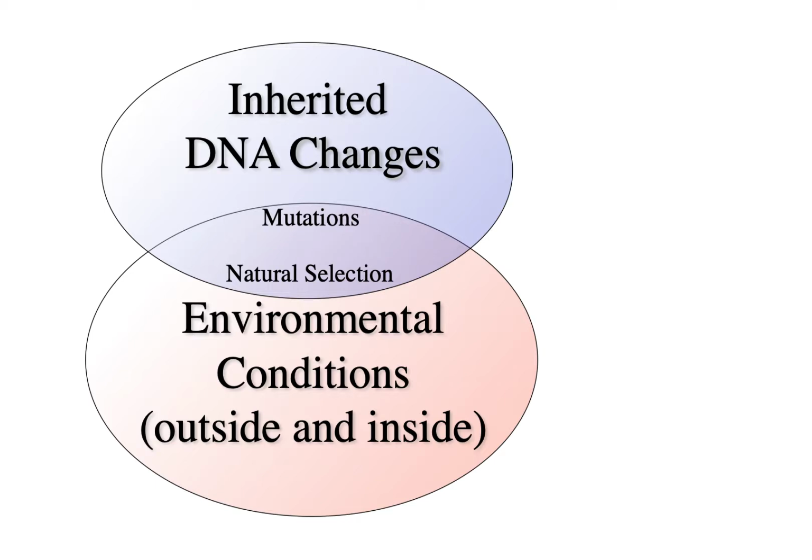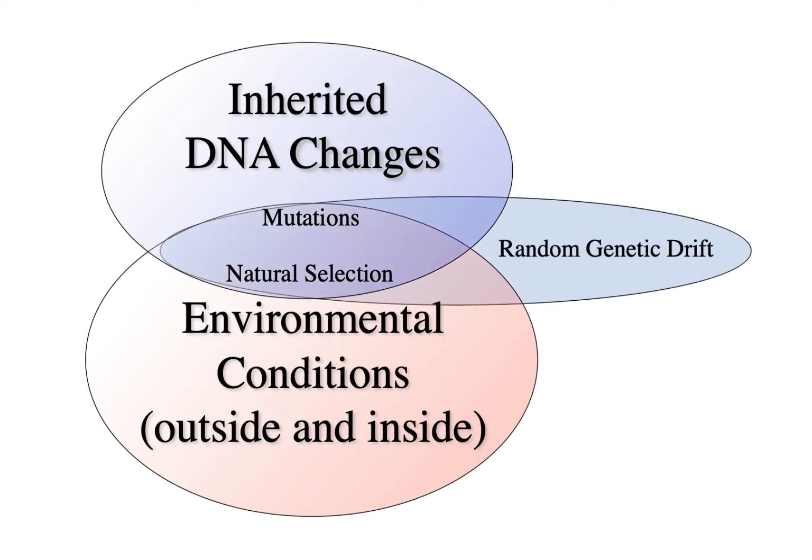And next is natural selection, and that's when the environmental conditions, both outside of the organism and within the organism, including inside the cells, those mutations are subject to these natural selective processes in those environmental conditions. And so these are definitely non-random, and this is where a lot of the specificity comes with regard to evolution of organisms and cells and molecular processes.